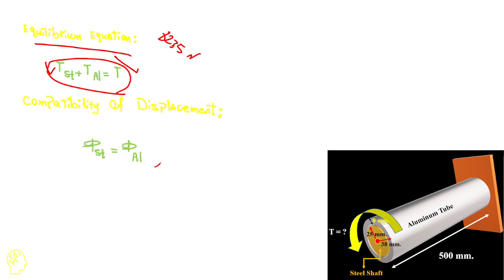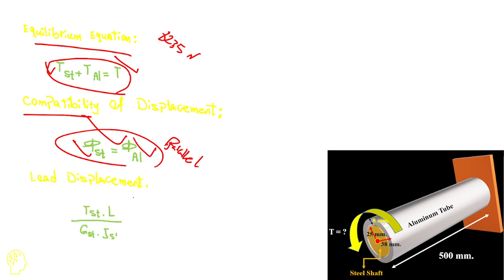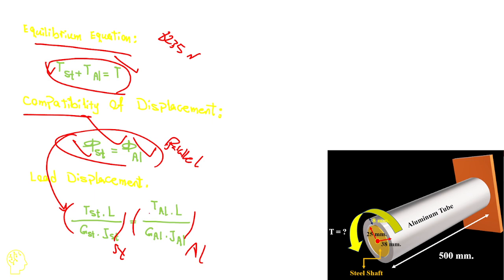Compatibility of displacement says that, as it's a parallel condition, if they are rotating together, the angle of twist phi of steel is equal to the angle of twist of aluminum. The load-displacement relation is phi equals TL over GJ for each material. This is for the steel part, this is for aluminum. They are equal to each other. You can also cancel out the length because both of them have an equal length of 500 millimeters.